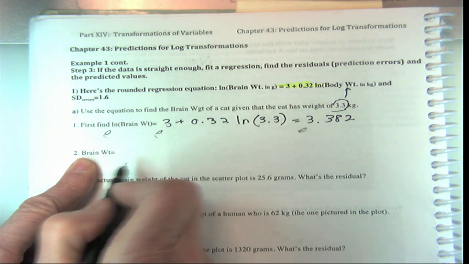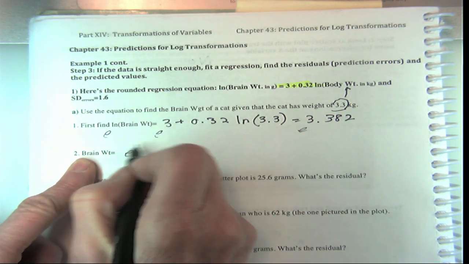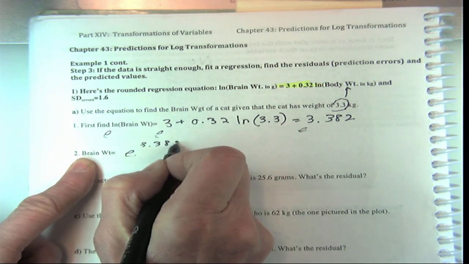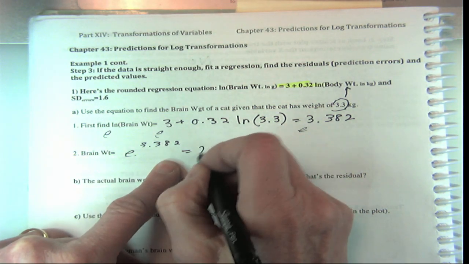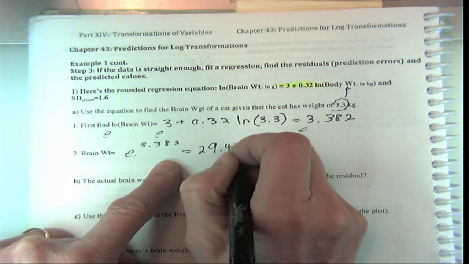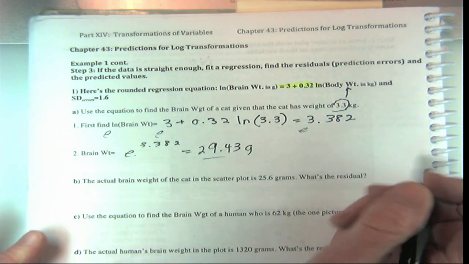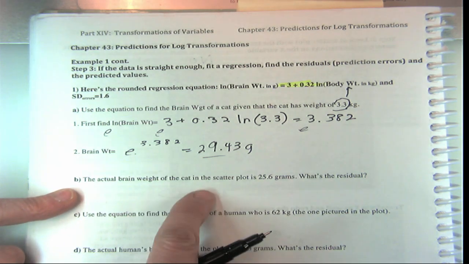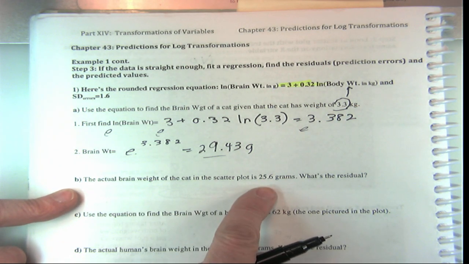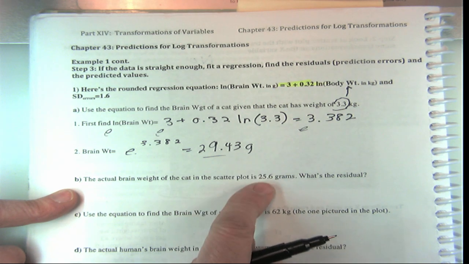And so the brain weight is just e to the 3.82. And now we get the brain weight, which is in grams. Okay? So what's the cat's residual here? The actual brain weight of the cat in the scatter plot is this.